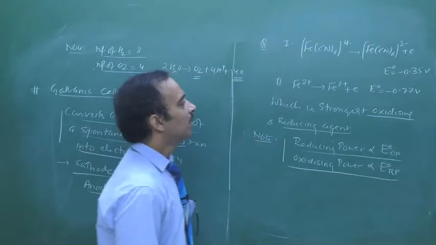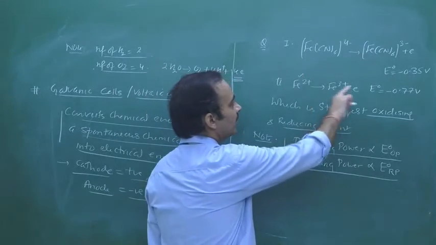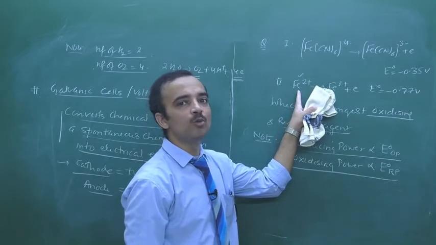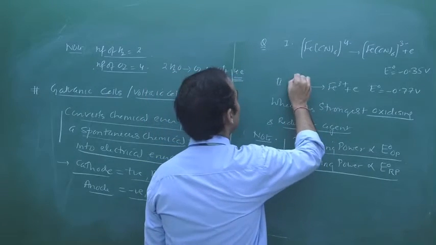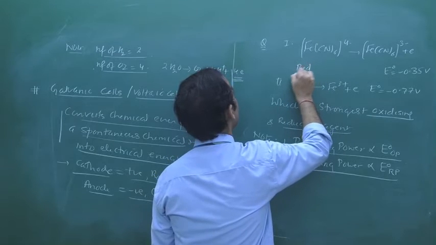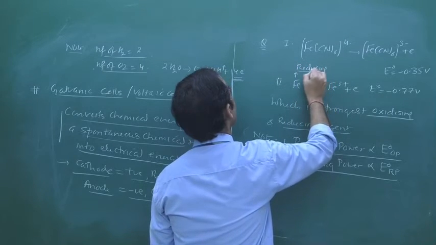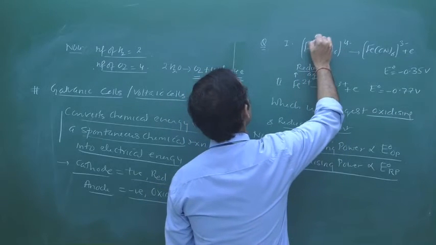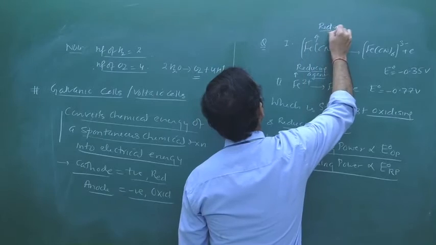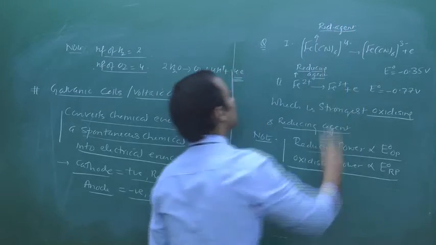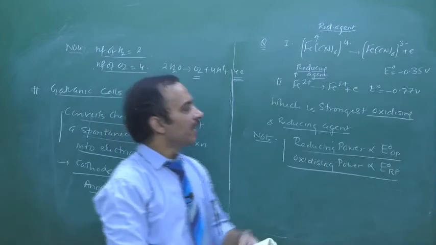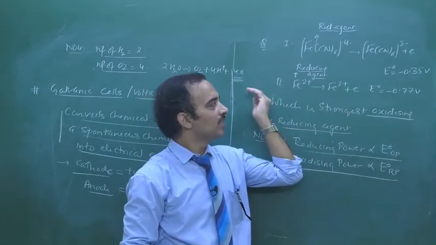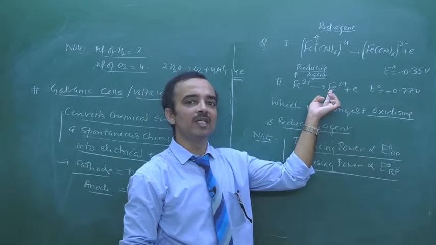Second point, beta, this is undergoing oxidation. If this is undergoing oxidation, then this must be a reducing agent. This is also a reducing agent. Now if we look at the backward of this reaction, Fe3+ is getting reduced.